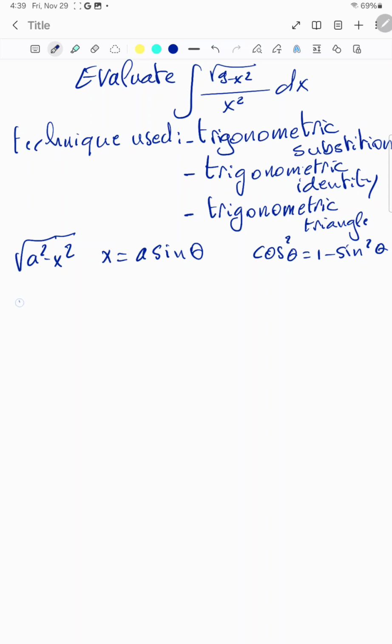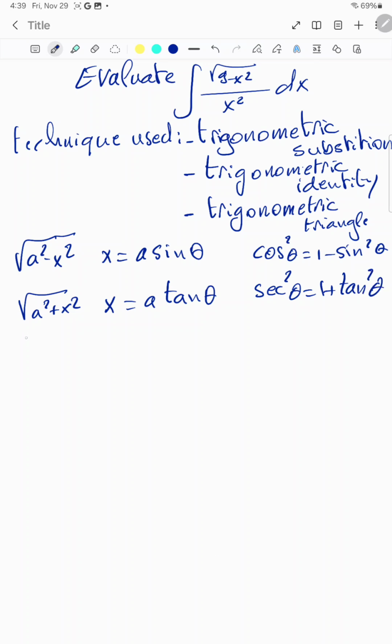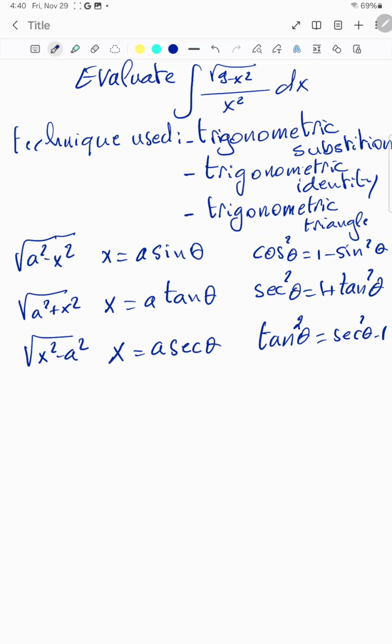If I have square root of a squared plus x squared, I will take x equal a tan of theta, and the identity I will use is sec squared of theta equals 1 plus tan squared of theta. And if I have square root of x squared minus a squared, I will take x equal a sec of theta, and the identity I will use is tan squared of theta equals sec squared of theta minus 1.